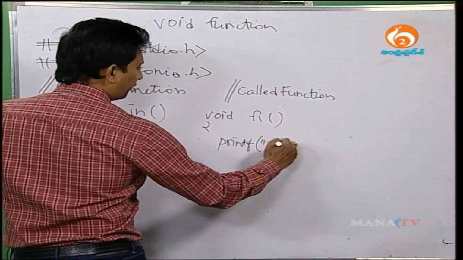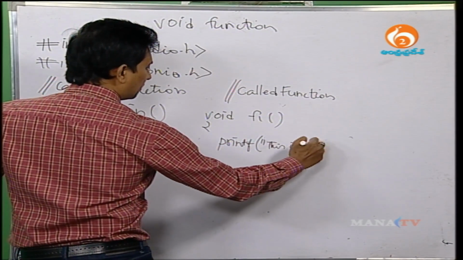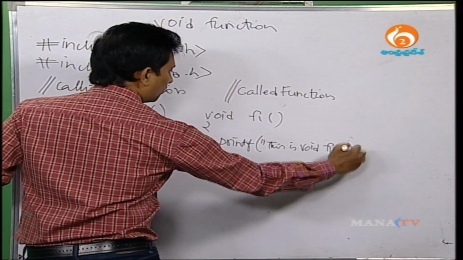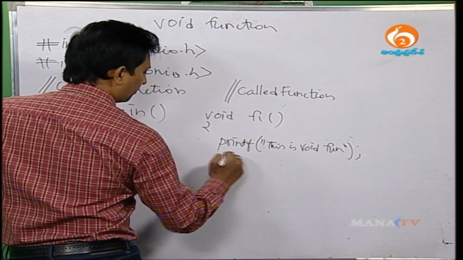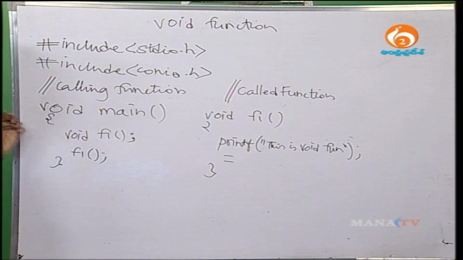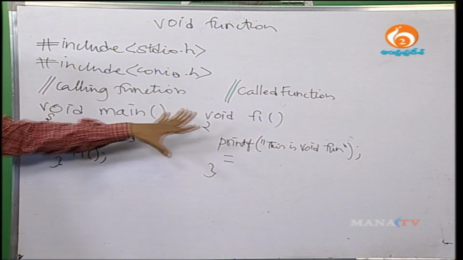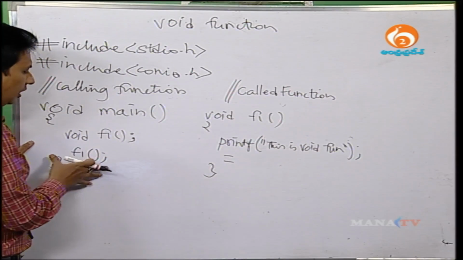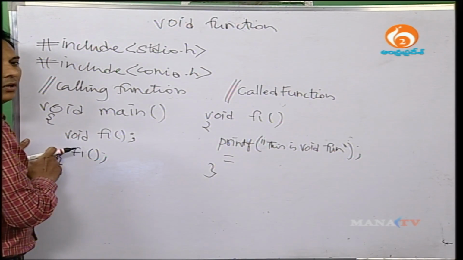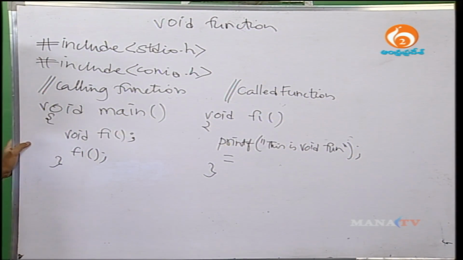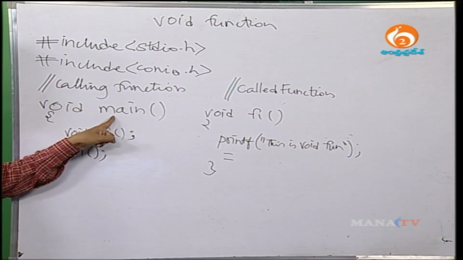This is a void function. This is the calling function, this is the called function, and I am not returning anything to the calling function. First the main function is executed; execution starts from the main function.